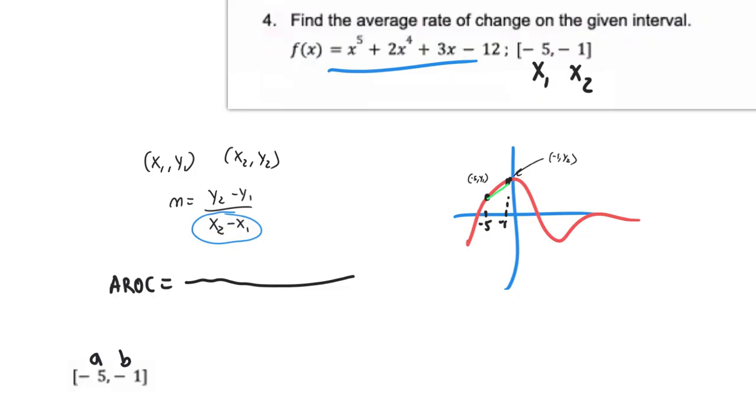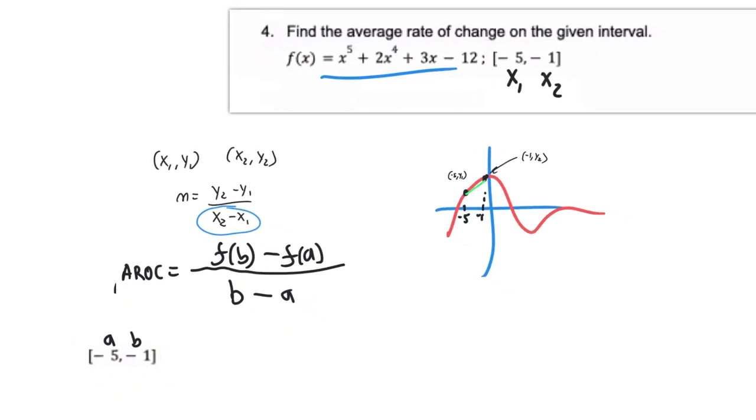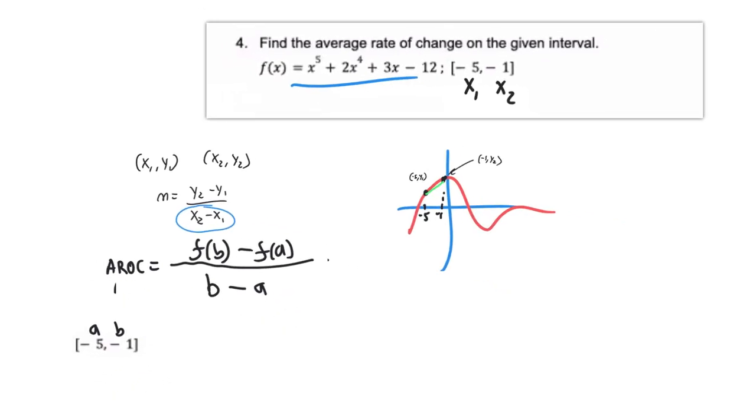It's just that these are x values, so it's going to be b minus a, and then it's going to be f of b minus f of a.